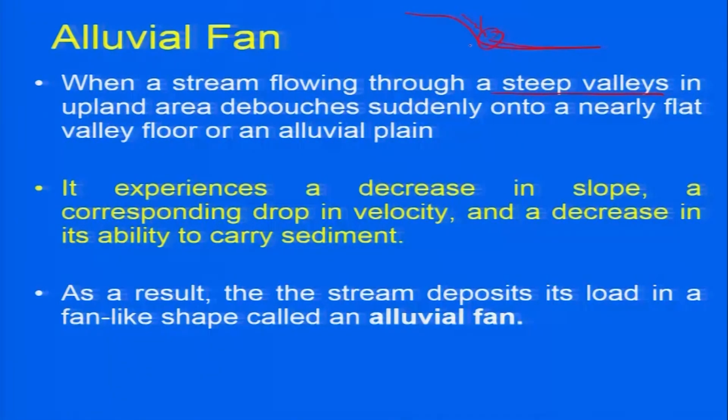So, this will be the portion where the river will experience a decrease in the slope from the steeper to gentler, and the corresponding drop in the velocity also will be observed, and a decrease in the ability of carrying sediments.